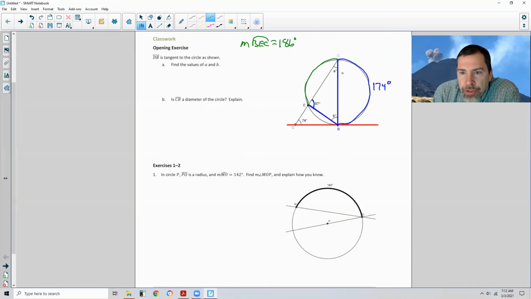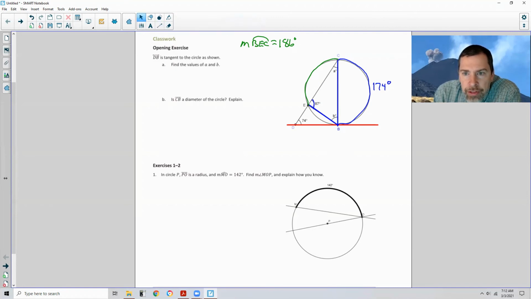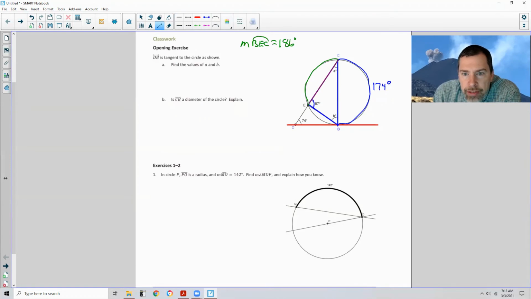What else can we do that we know of? Oh, right here. Sometimes it takes a few moments to identify certain things. If I draw this here, the measure of angle ECB is also an inscribed angle, and it intercepts arc BE.